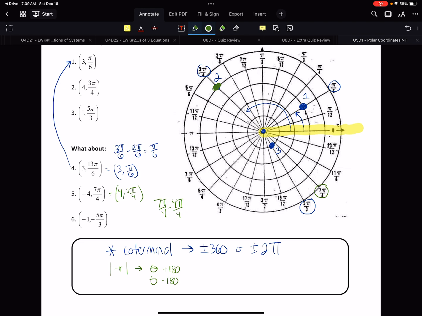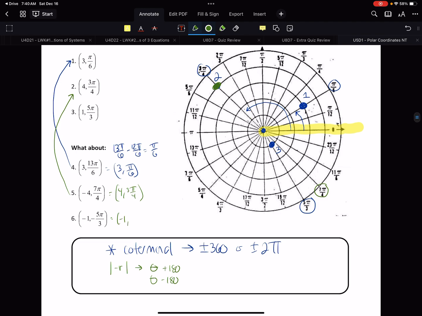If we look at problem 3, I'm just making it known that these are the exact same thing. For problem 3, I don't want to work with the negative 5 pi over 3. So if I add 360, or 6 pi over 3, I get pi over 3.